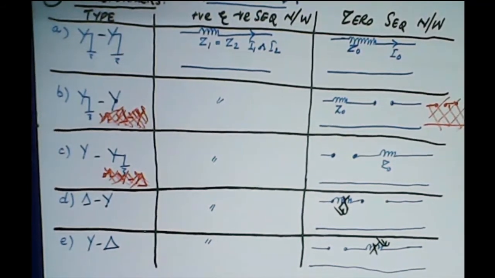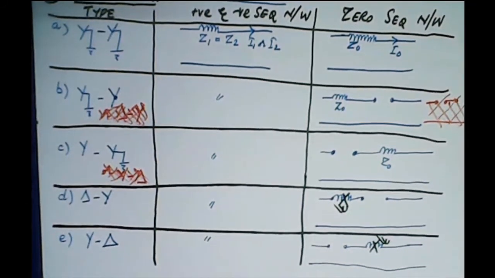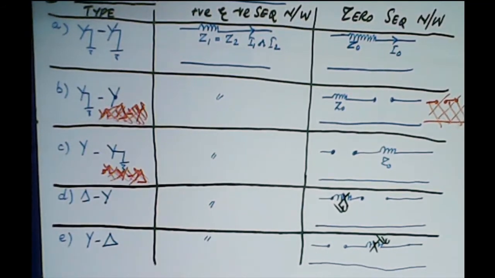So to summarize, we need to check the transformer. If the transformer is ungrounded, there is no provision for zero sequence current in the lines as well as within the winding, so there will be no zero sequence current on either the primary side or the secondary side. If the transformer is grounded, then the flow of zero sequence current depends upon the other side of the transformer.